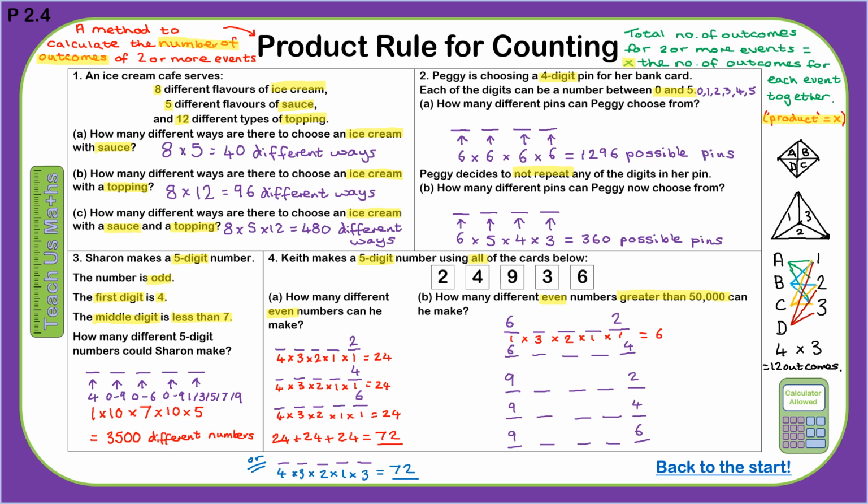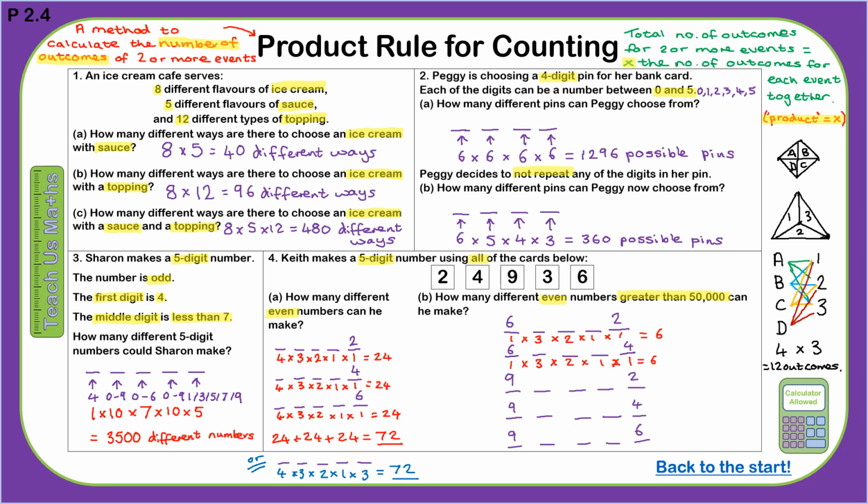In a similar way, starting with a 6 and ending in a 4, we've got 1 option for the first and last digit, 3 options for the second digit, then 2, then 1. So another 6 different ways of writing a number that starts with a 6 and ends in a 4.